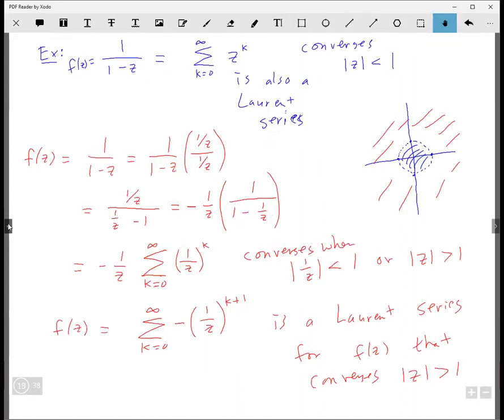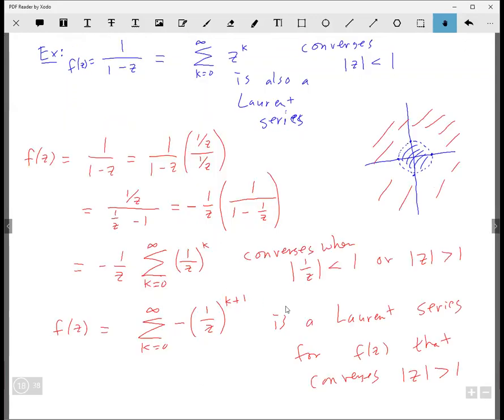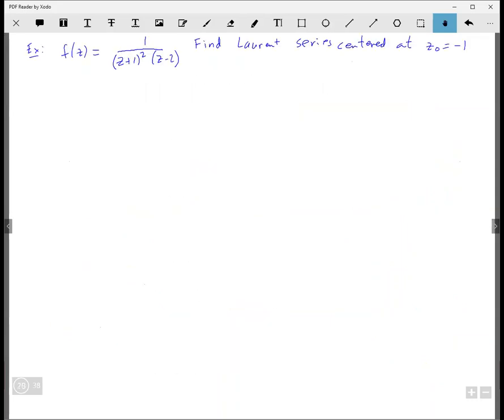Okay, so the last one was a Laurent series centered at 0, which is probably what's going to happen most of the time, because it's the easiest. But here we're going to center it at -1.